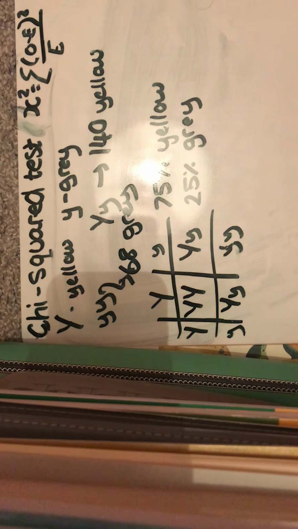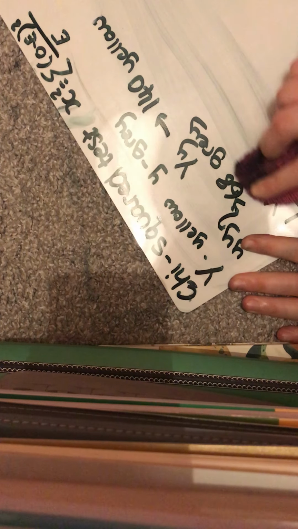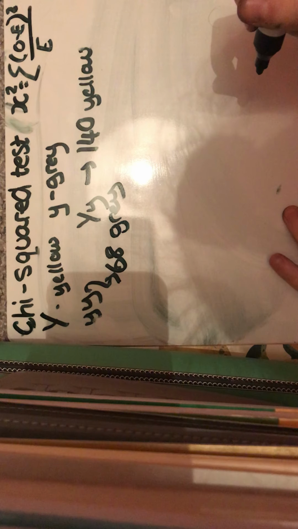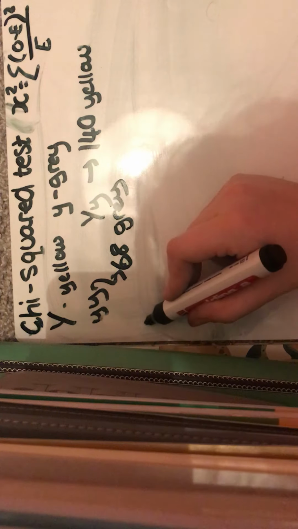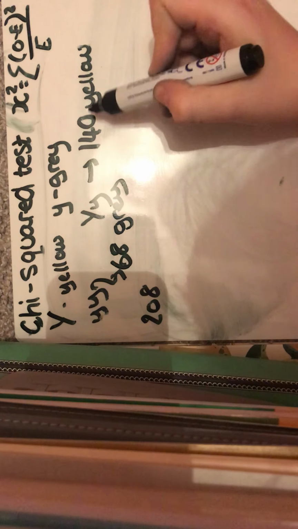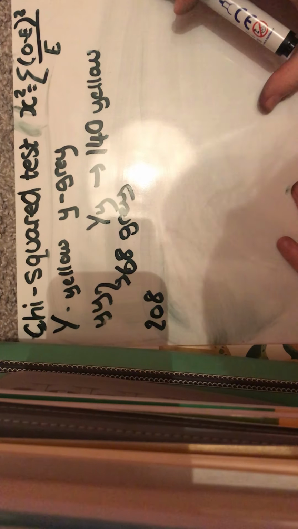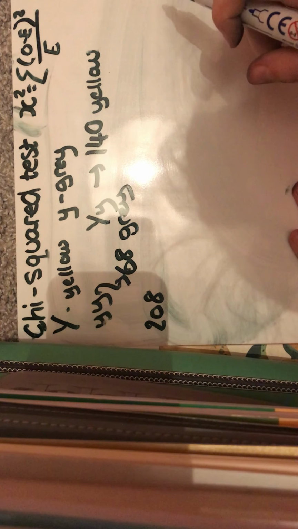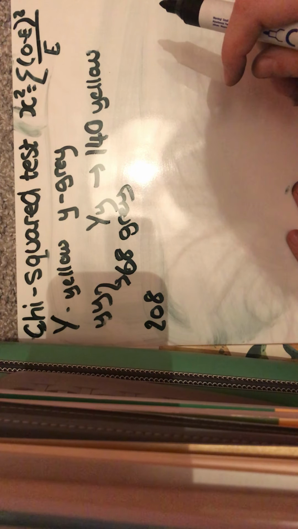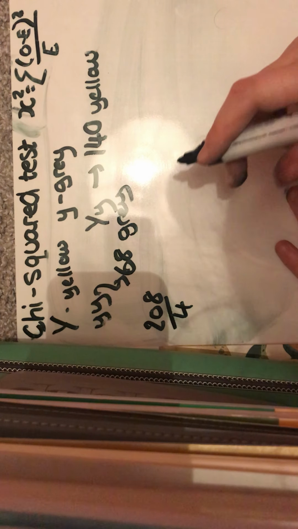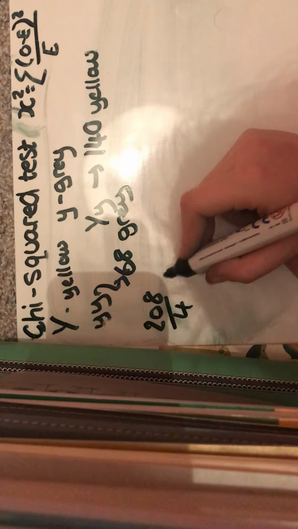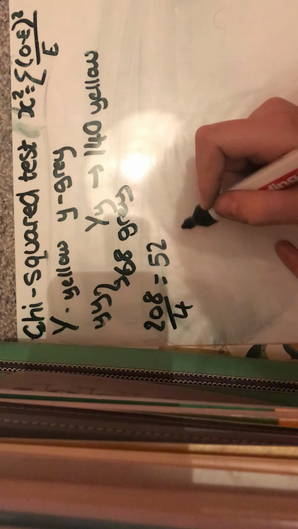So we know our ratios and now we know our expected. We've got 208 mice in total if you add the 68 and 140 together. So we do 208 divided by the 4 different offspring, which equals 52.